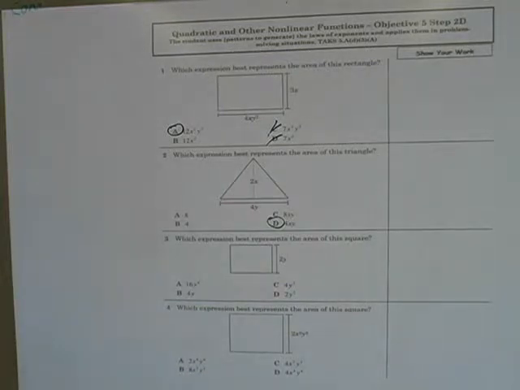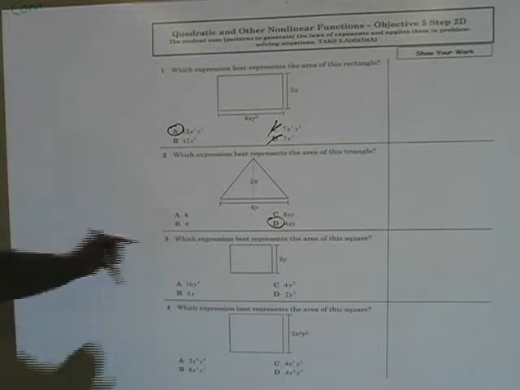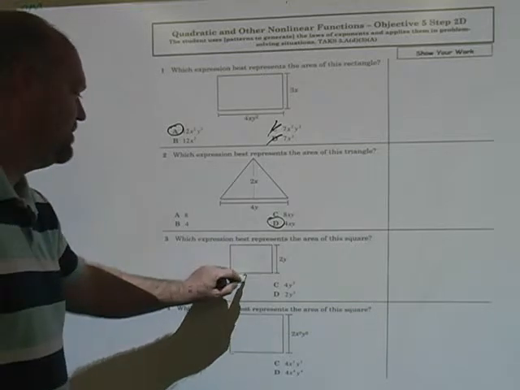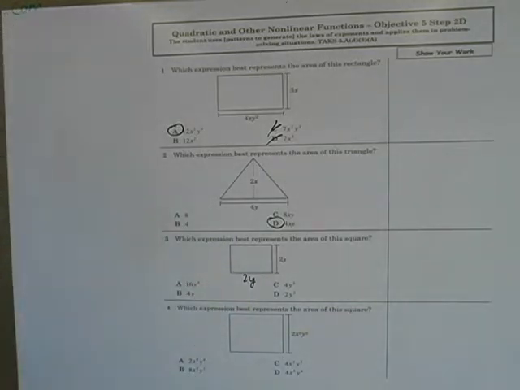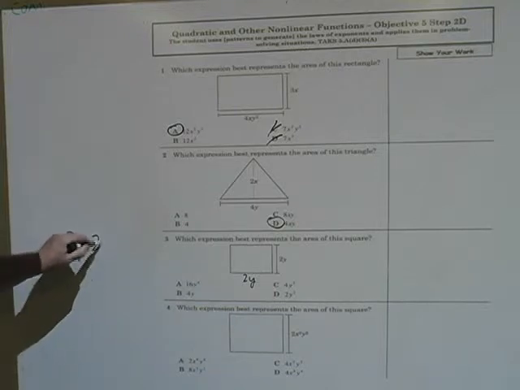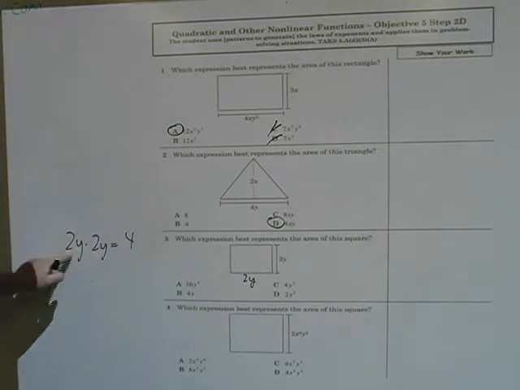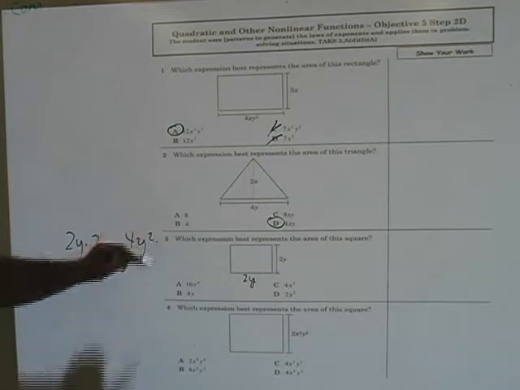Number 3, square. Remember, a square has the same length and width. So 2y and 2y, multiply them together, you get 4y squared.